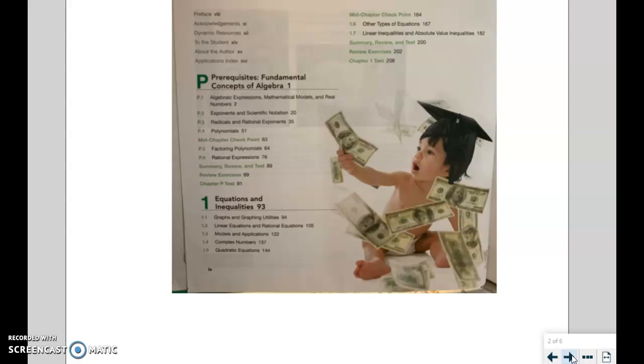As I'm looking through the prerequisites, there's all sorts of amazing algebra in here that we've been doing this week. In my course, we cover the prerequisites pretty quickly. We spend a month on it just to make sure that they're good and ready to go with all of the algebra left over. So algebraic expressions, mathematical models, real numbers.